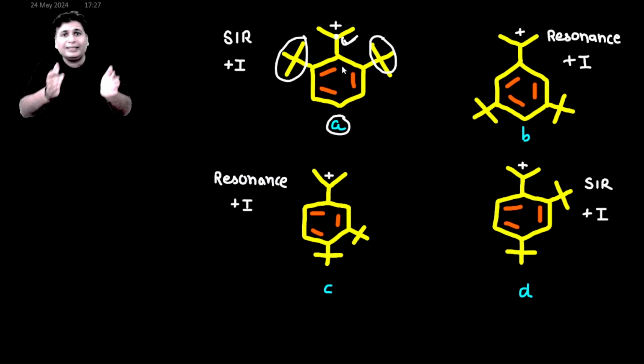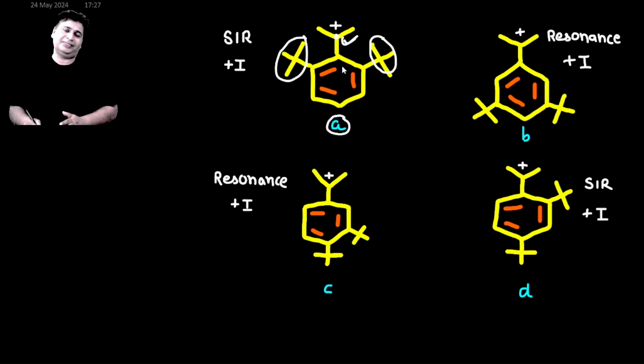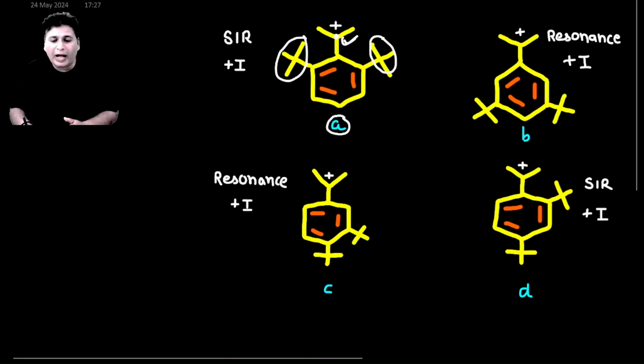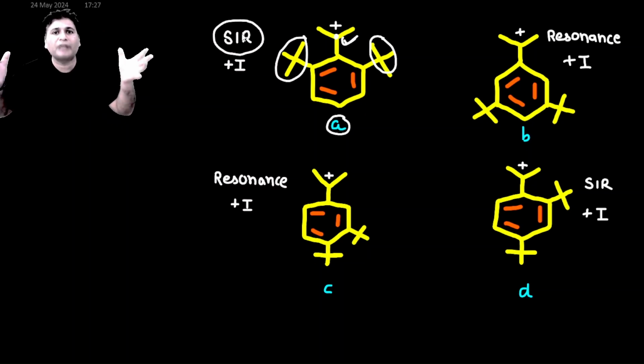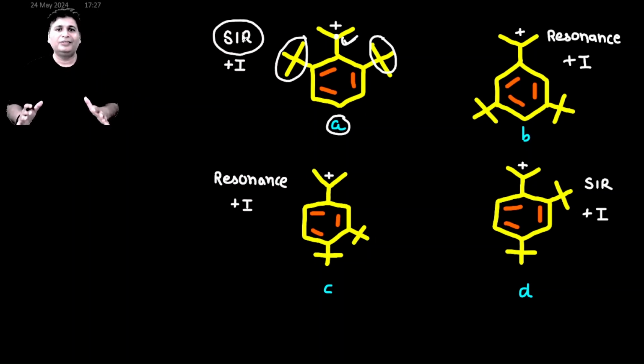So we call it steric inhibition of resonance, SIR. Why do we call it steric inhibition of resonance? Steric means because of size, inhibition means you have not allowed what? Resonance. So because of steric bulk, because of size issues, the resonance is not allowed.